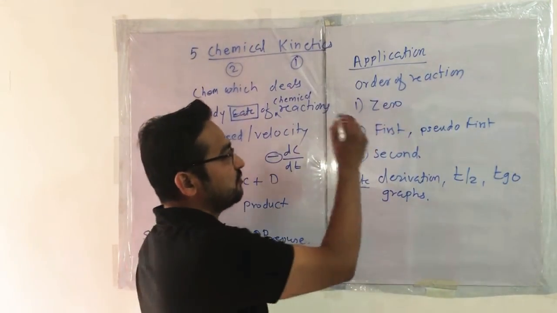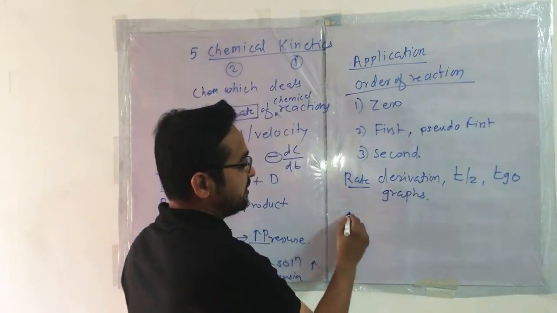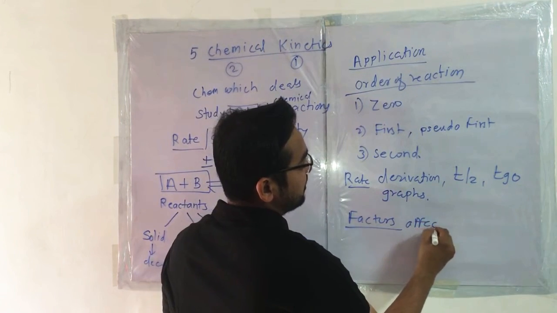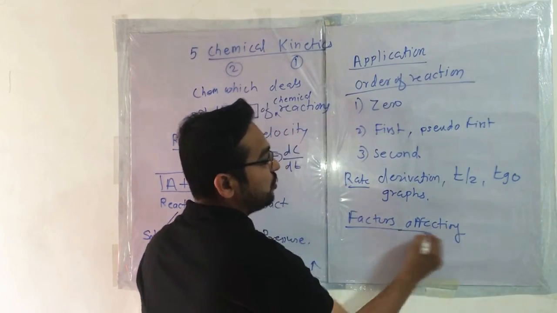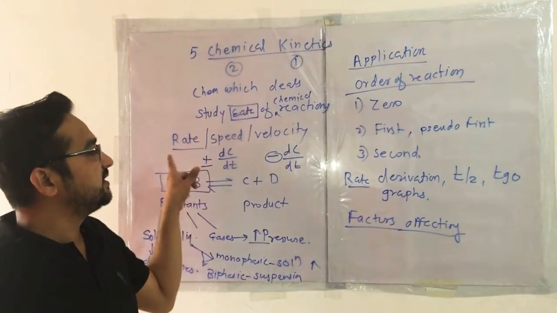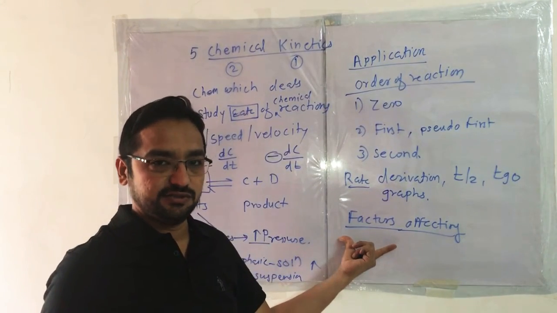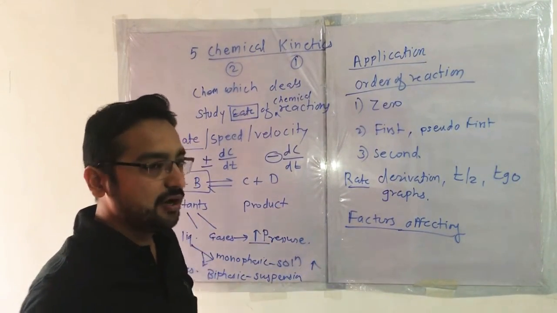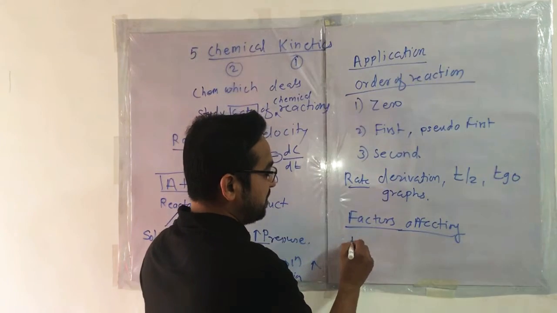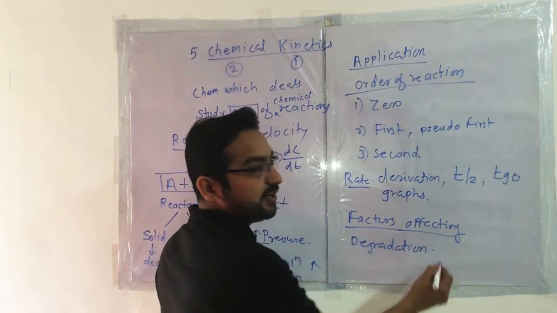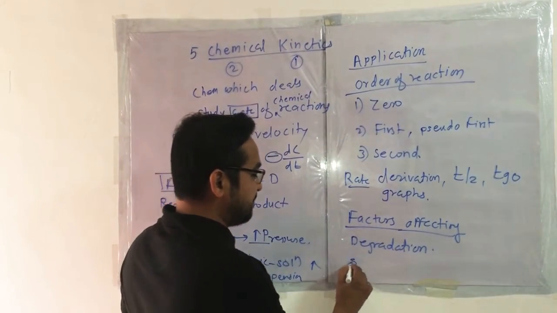Apart from order of reaction, we are going to study the factors affecting the rate of any chemical reaction. Are you getting this point? Then the important part is degradation pathways, degradation of pharmaceuticals, and most important is the stability study.